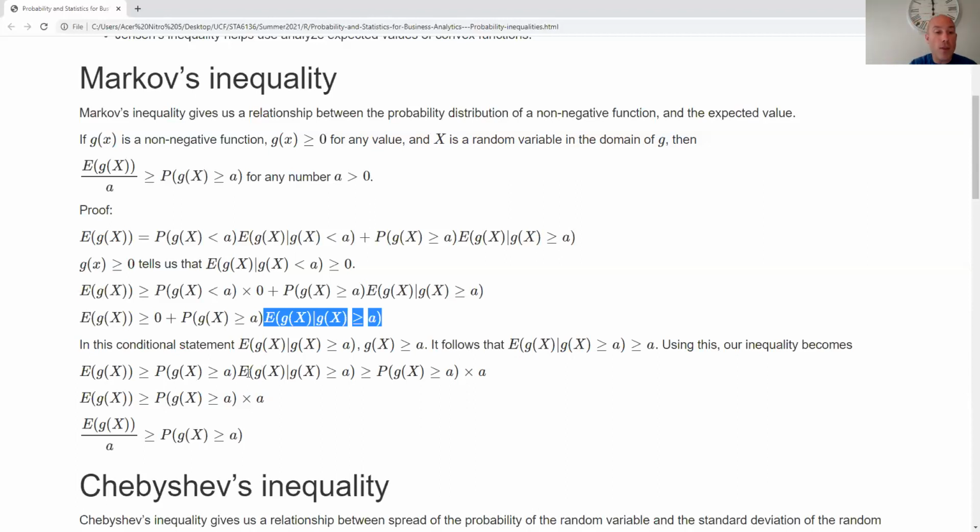So I'm taking this term here. I know that it's greater than A. So that tells me that this whole part has to be greater than or equal to this whole part.